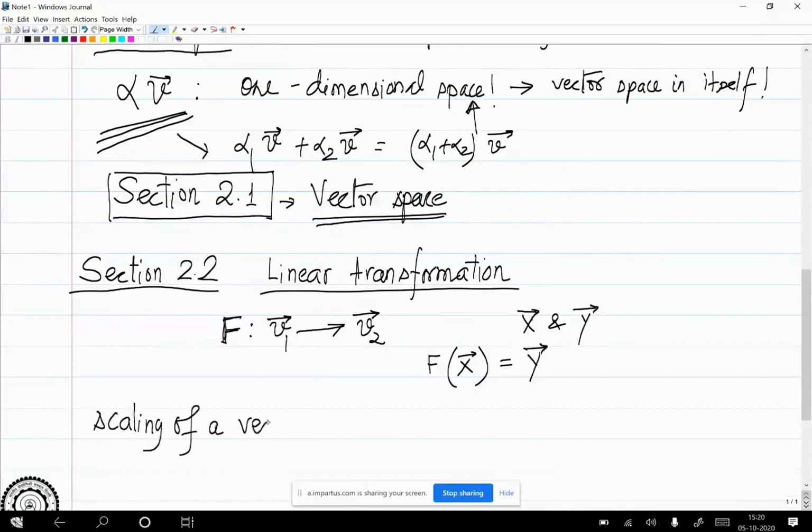It's also a linear transformation. Why? Because here your f of v is equal to alpha times v. So this alpha is a constant. For any vector v, it just gives you alpha times v. All right?